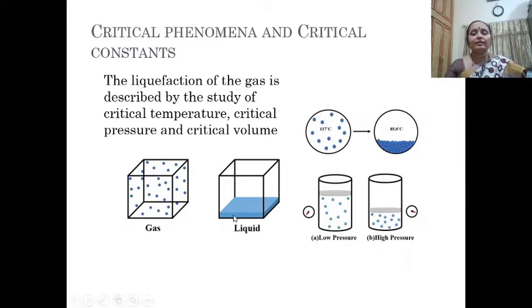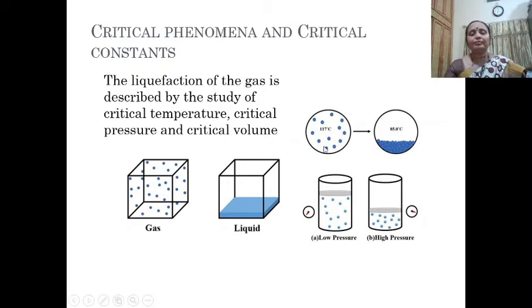By increase in pressure or with decrease in temperature. This is the low pressure. With increase in pressure, the gas molecules come close by, and at one temperature it gets converted into liquid. That we are going to study under critical pressure.